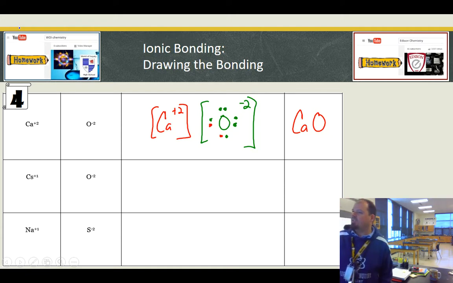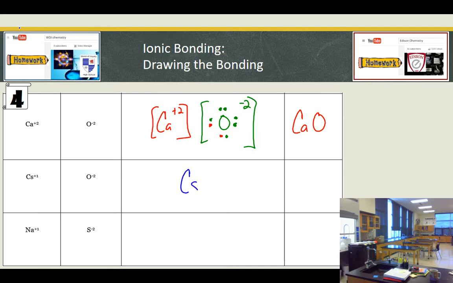Cs with a +1 and O with a -2. So I have Cs in the middle with a +1. Then I have O with a -2. O, 1, 2, 3, 4, 5, 6 valence electrons. He gets 1 from the cesium that's here, and oh, he needs another one.